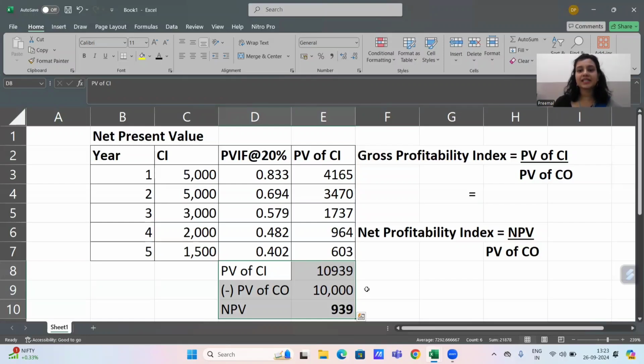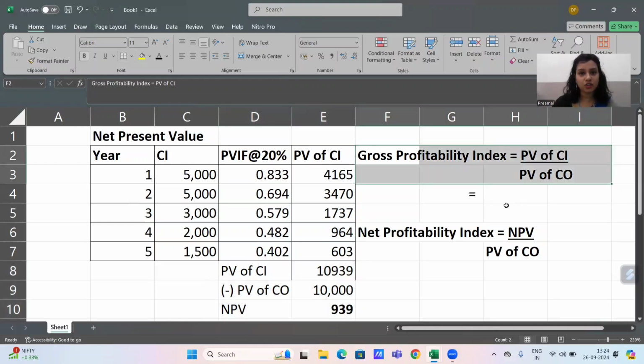Gross profitability index is present value of cash inflow divided by present value of cash outflow. And net profitability index is NPV divided by present value of cash outflow. So if you notice, the components of NPV and gross profitability index are the same. In NPV, you will be finding out the difference, and in gross profitability index, you will be dividing it.